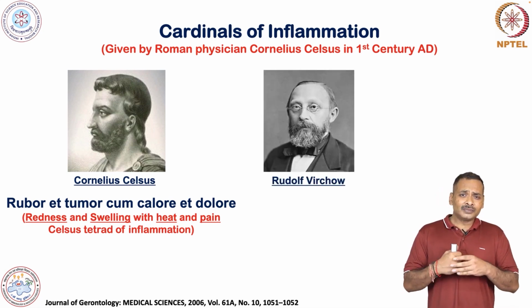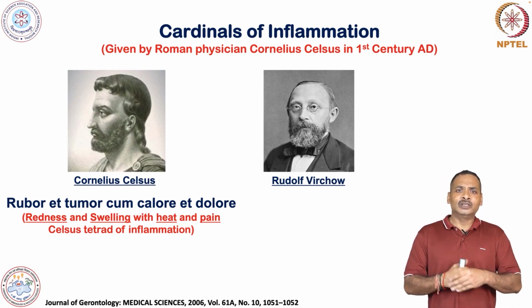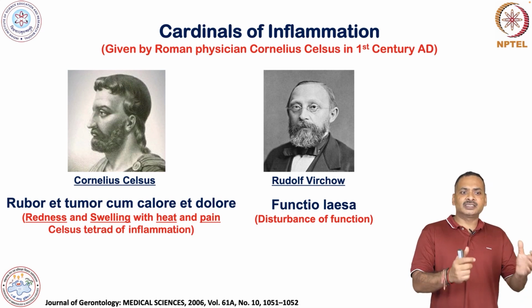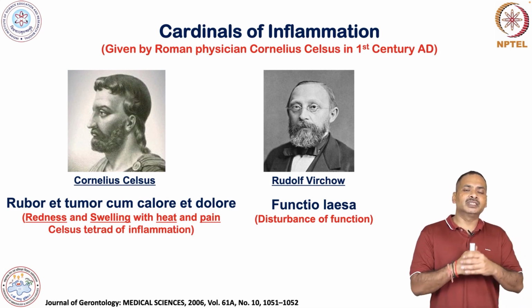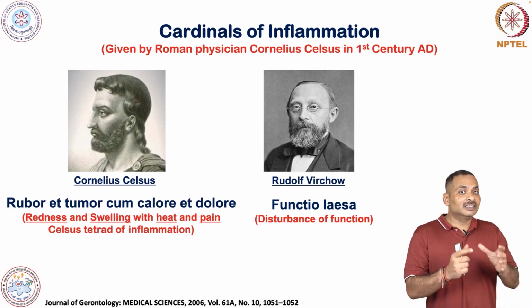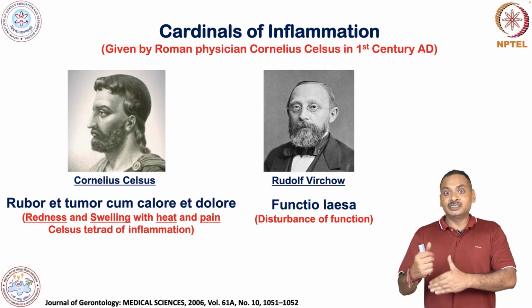It means there is a loss of function. When inflammation is there, meaning redness, swelling, heat, and pain, then there will be a loss of function. The function may be changed.